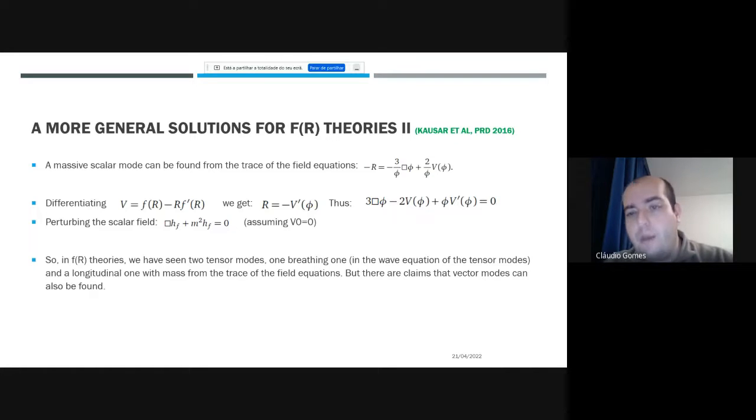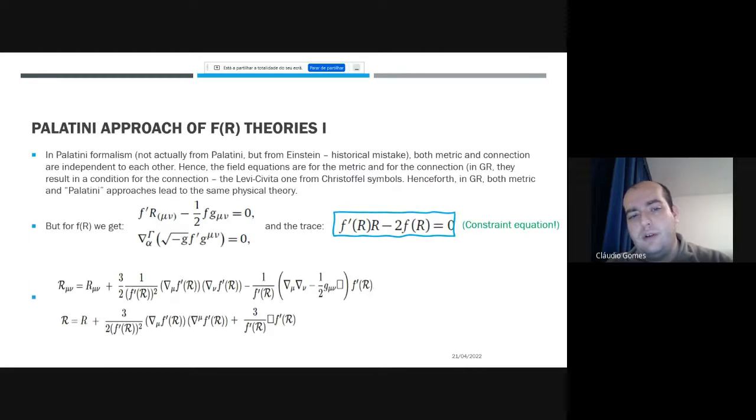Okay, the metric approach, in the sense that the connection of general relativity is related to the metric field by the Christoffel symbols, or we can call it the Levi-Civita connection, right? But we can look into the so-called Palatini formalism. And it is interesting to note that it was not Palatini who derived this formalism.